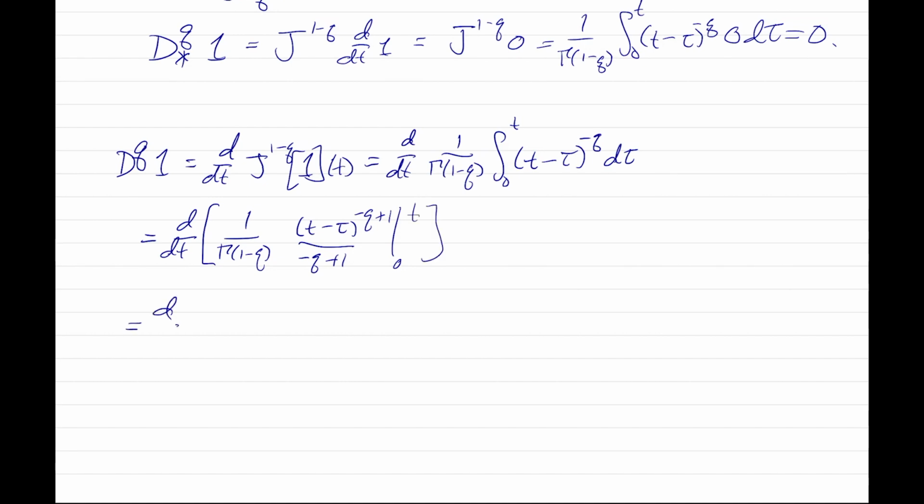And this is going to be d/dt of 1 over gamma of 1 minus q times, now let's see, when I put in t, I get 0, and so that goes away. So then I'm going to end up subtracting what I get when I put in 0. So I get 0 minus tau, so let's say 1 minus q divided by 1 minus q.